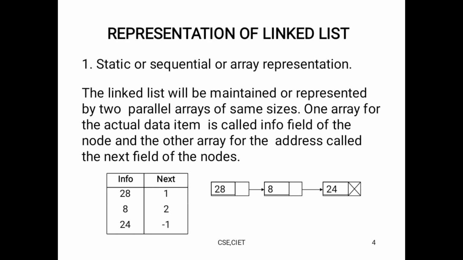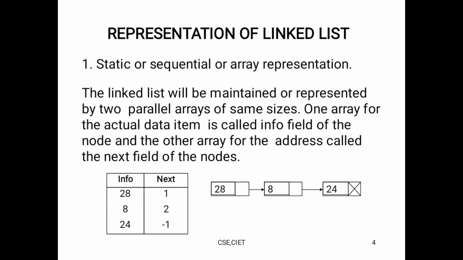Coming to the representation of linked list. Here, it may be a static or sequential or array representation. The linked list will be maintained or represented by two parallel arrays of the same size.